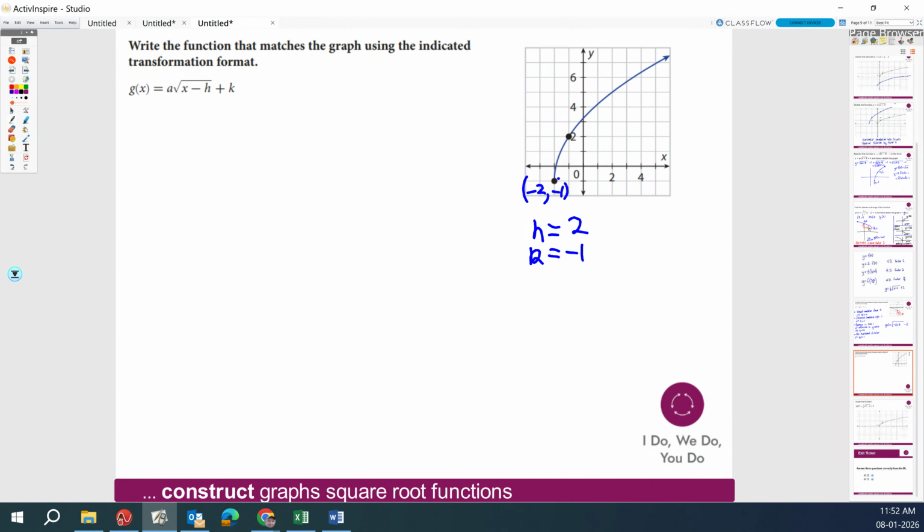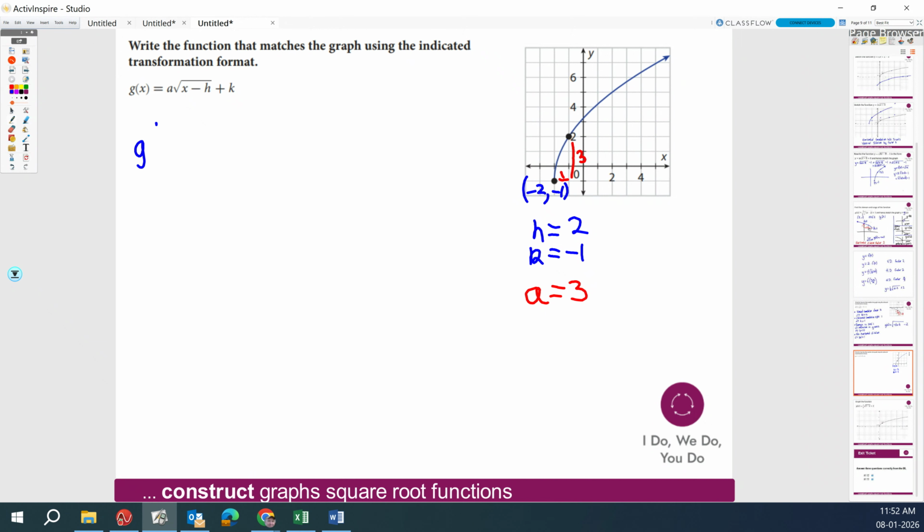We go 1 across and 3 up, 1 across and 3 up, 1 across and 3 up. So what's the value of A? 3, because it's outside. Do we have any reflections? No, we don't. No reflections.